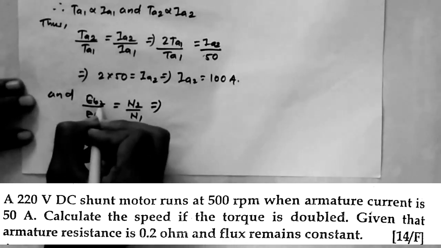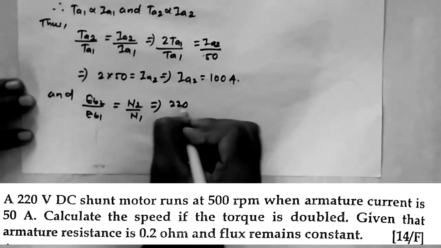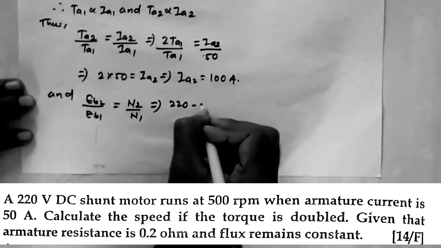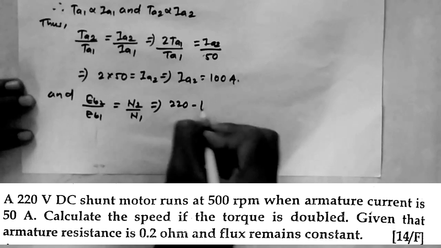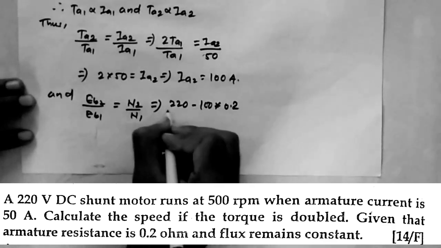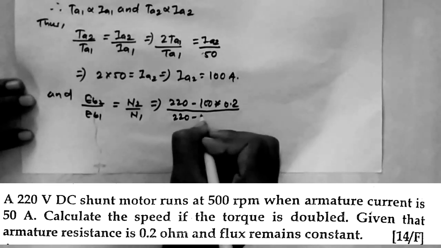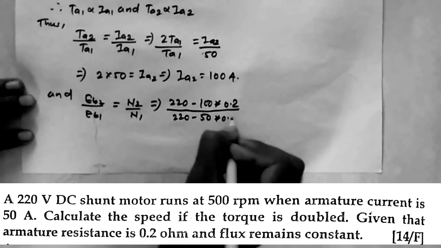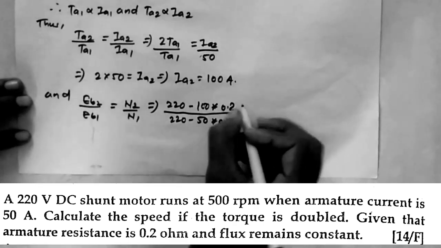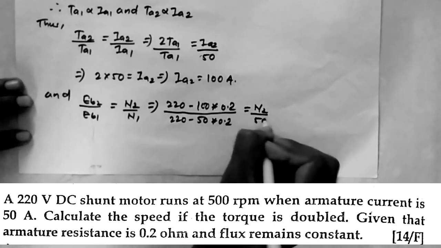In place of Eb2 we can write V minus Ia into Ra, so 220 minus Ia2, which is 100, into Ra, which is 0.2, upon Eb1, which is 220 minus 50 into 0.2, Ia1 being 50, equals N2 upon 500.